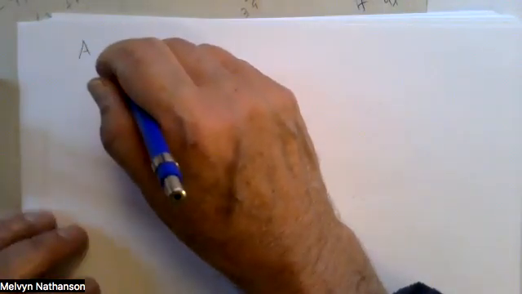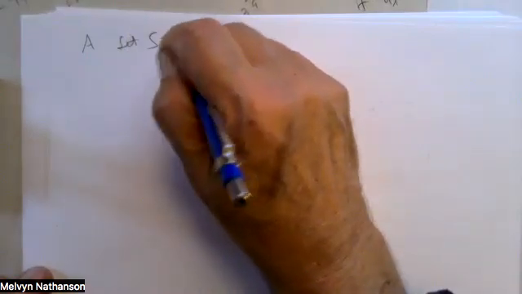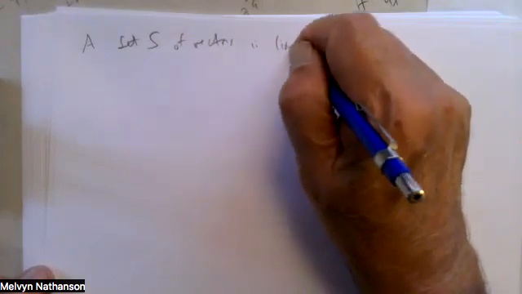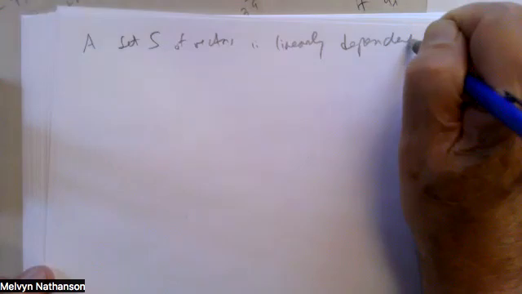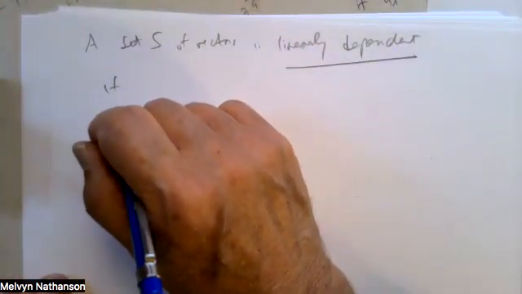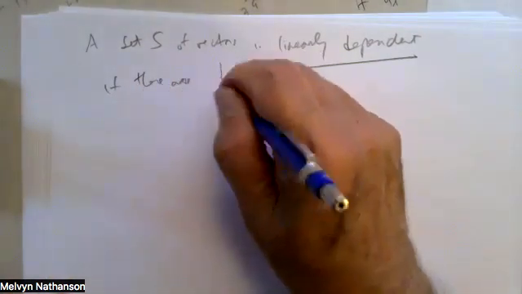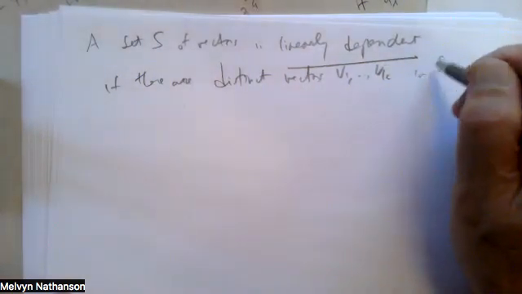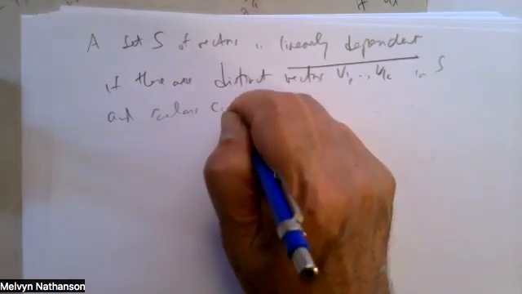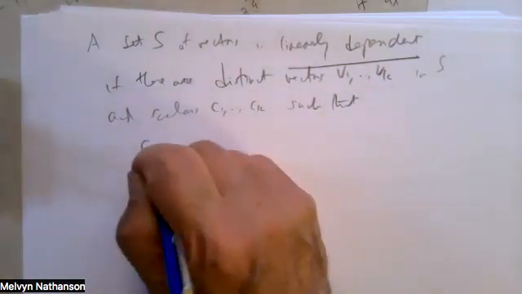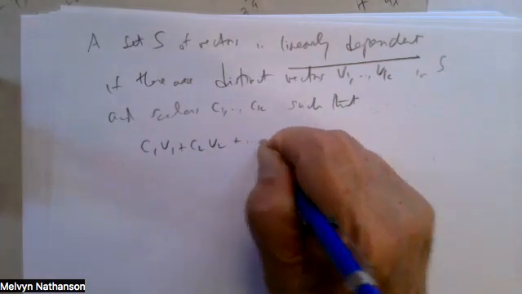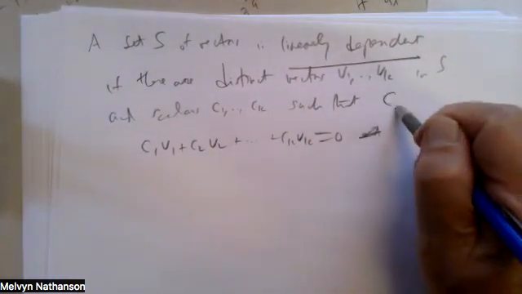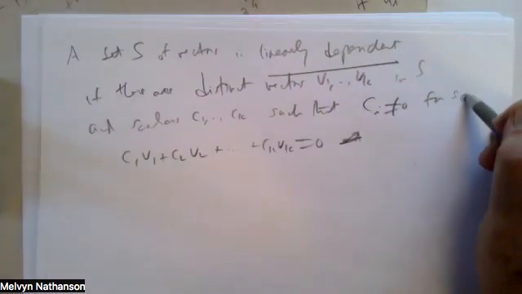So we say a set S of vectors is called linearly dependent if there are distinct vectors v1 up to vk in S and scalars c1 up to ck such that the linear combination c1v1 plus c2v2 and so forth up to ckvk is the zero vector, and not all the scalars are zero. ci is different from 0 for at least one i.